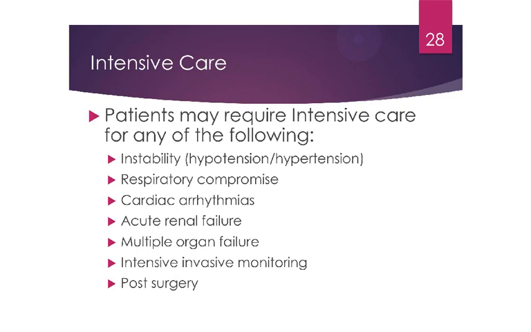They may have cardiac arrhythmias. Acute renal failure is very common in the elderly, and that's due to the reduced nephrons. Multiple organ failure. So it's very important that we carry out intensive invasive monitoring on these patients. They may be coming to us post-surgery just for that 24 hours of intensive invasive monitoring if they have a lot of comorbidities.